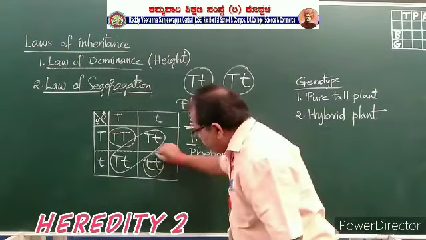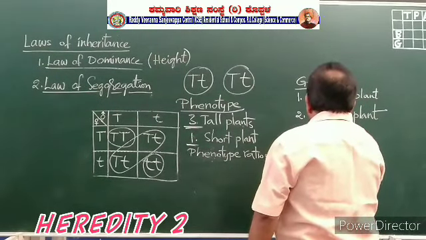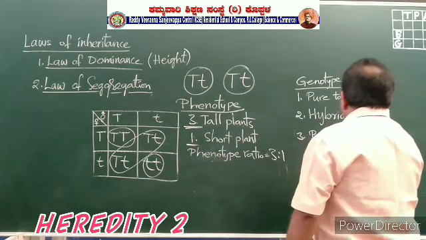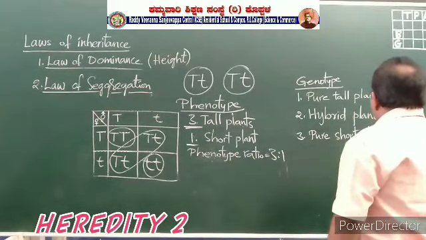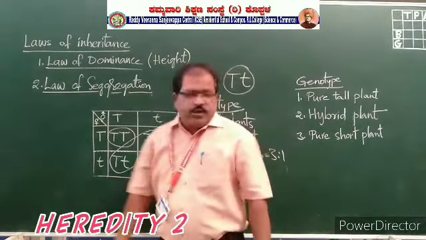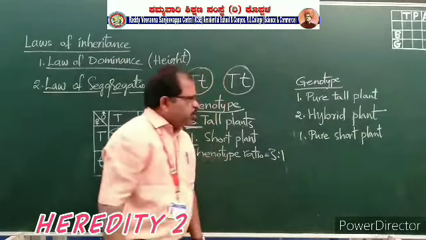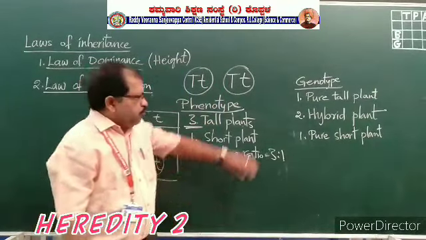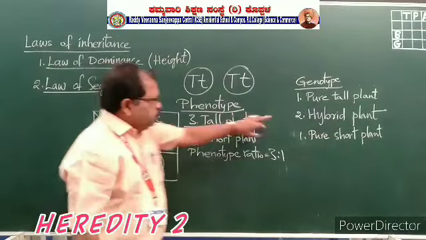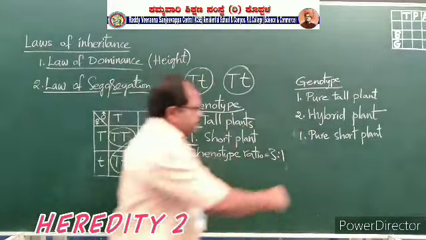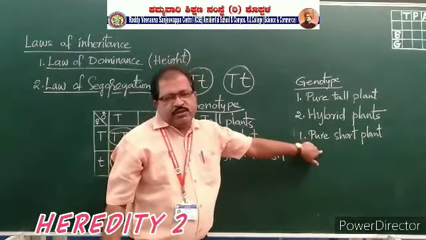And one remains, which is completely a pure short plant. So you can see here in the genotype, one is a pure tall plant, 2 of them are hybrid plants and one is a pure short plant.